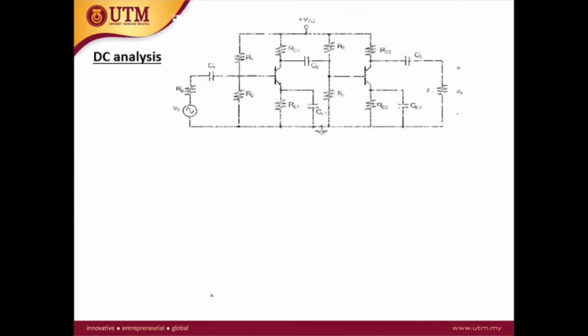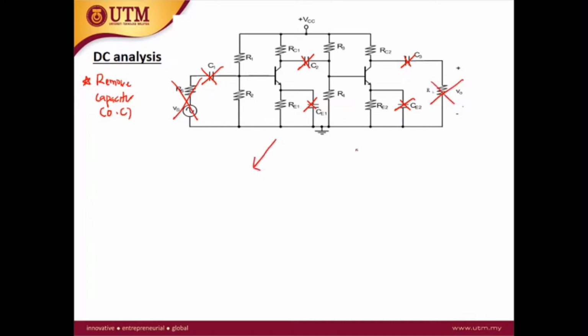For the DC analysis, you need to take note that we first remove the capacitor, or replace it with an open circuit. You may notice that if you remove the capacitors, you can ignore the source component and the load component, and then you can have a separate circuit for each stage.